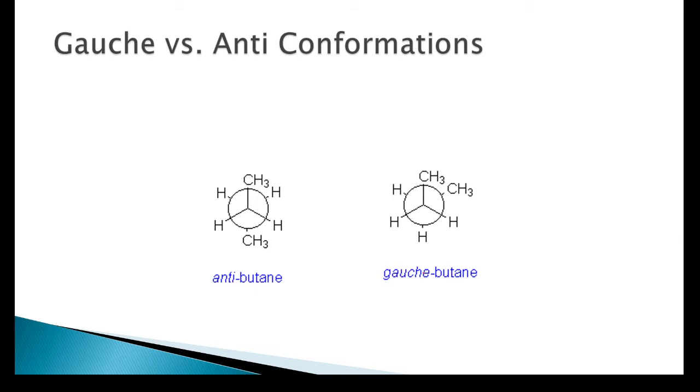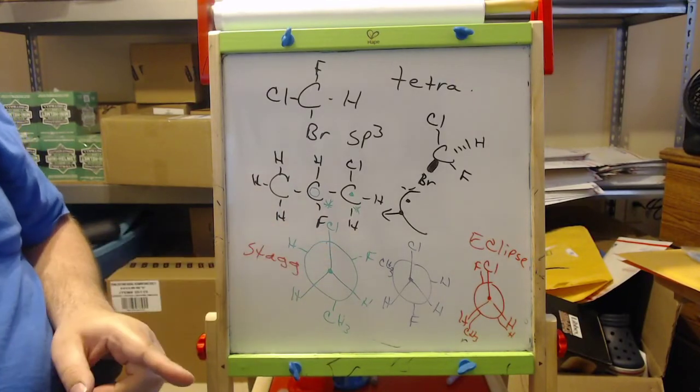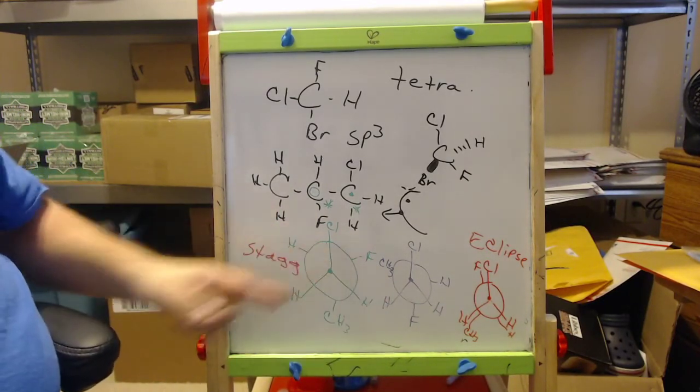While this would be gauche. They're in the staggered form, but the main functional groups are next to each other. So whether the CH3 was here or here, if they're next to each other, they call that the gauche form. So if we go back here, this would be the anti form right here, and this would be the gauche form.